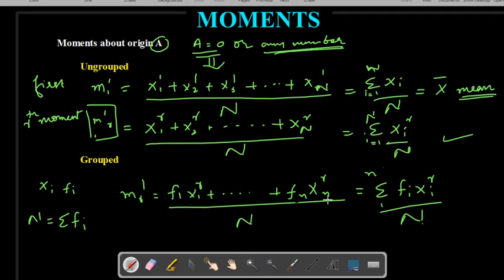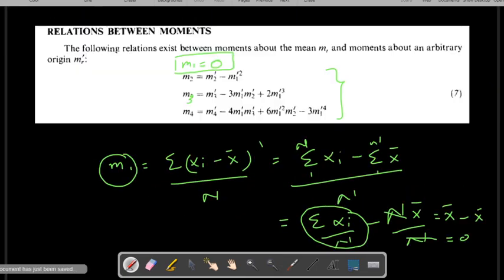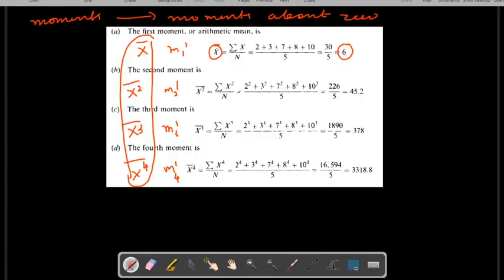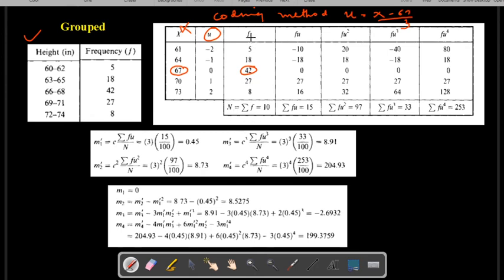So you have to find these terms here, then find the sum, then divide by n. That's what they are doing here. So the sum of f, that is capital N, is found, that is 10. Then f into u they have found, the sum is 15. Then f into u square, that also is found, the sum is 97. Fu cube and fu raised to 4.